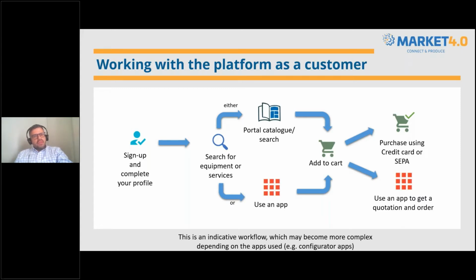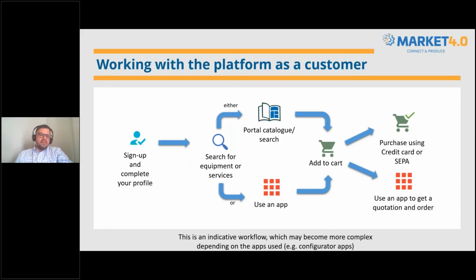So let's look at one of our main workflows for working with the platform as a customer. Of course, the first step is to sign up and complete the user and company profile. The major workflow here is that the customer is looking to buy some kind of equipment or service. So the first step is to start searching.